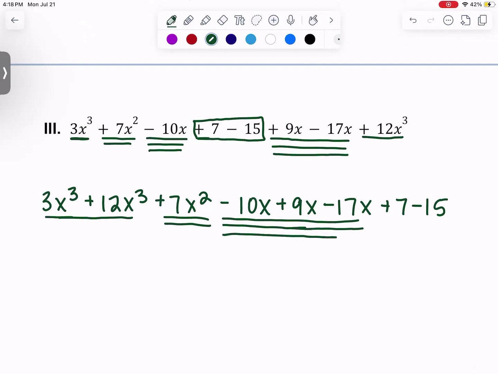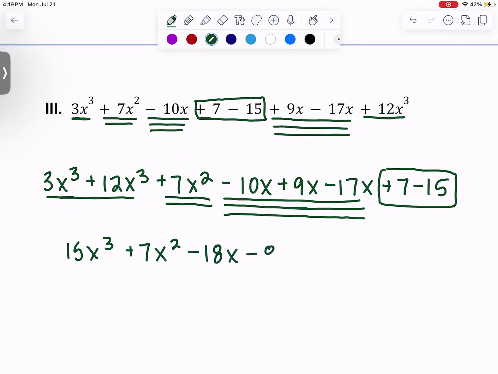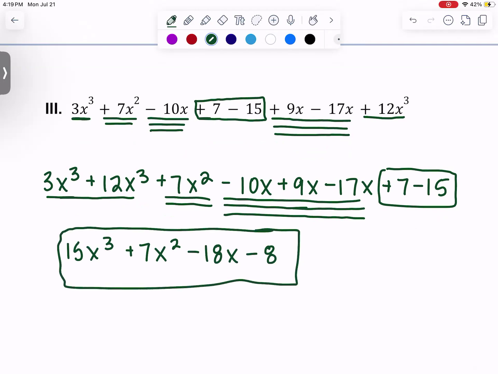Don't forget the negative sign in front of 10. And then we can box our constants. 3 plus 12 is 15x to the third, plus 7x squared, negative 10 plus 9 minus 17, negative 18x, and 7 minus 15 would be negative 8. We are done. We've simplified all the like terms.